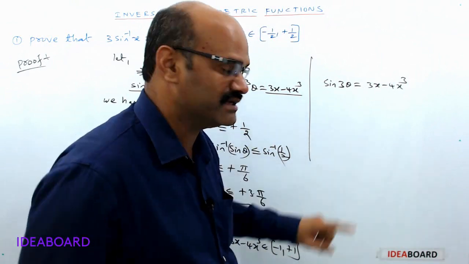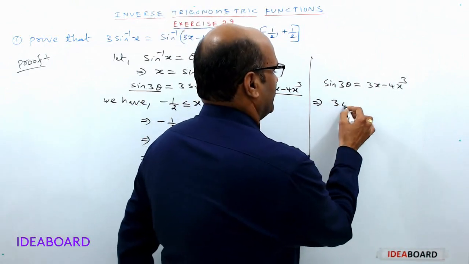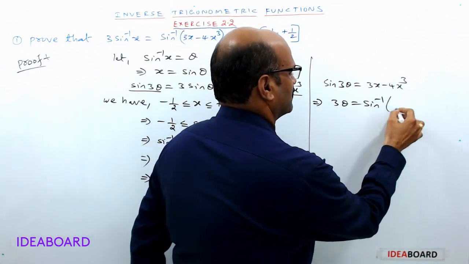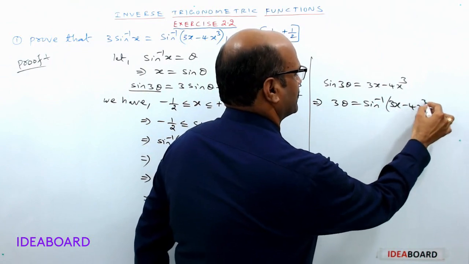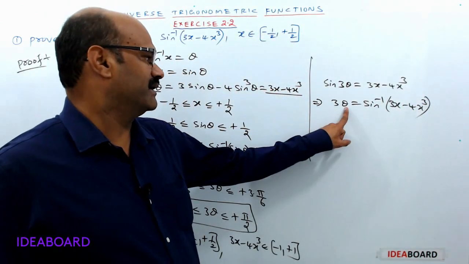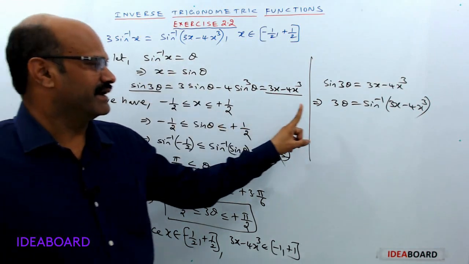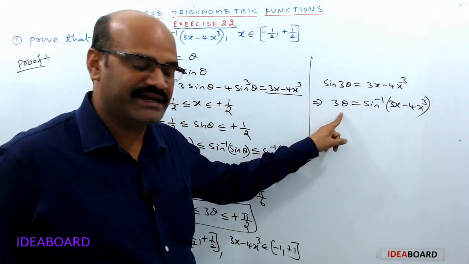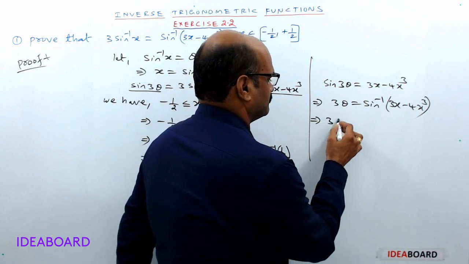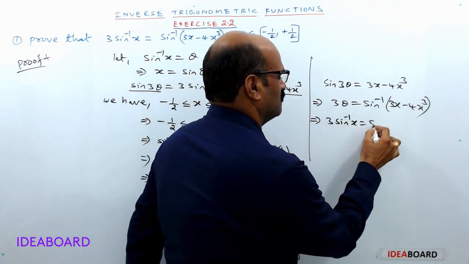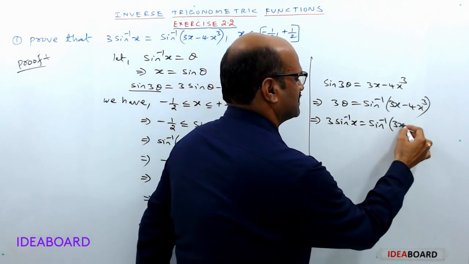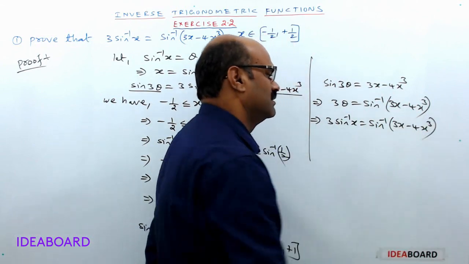So we can write it as 3 theta equal to sin inverse of 3x minus 4x cube. But theta equals sin inverse x. So it's equal to 3 sin inverse x equal to sin inverse of 3x minus 4x cube. Hence proved.